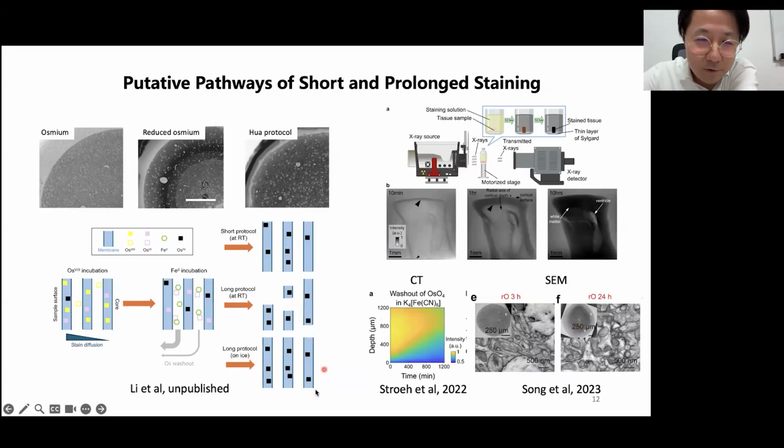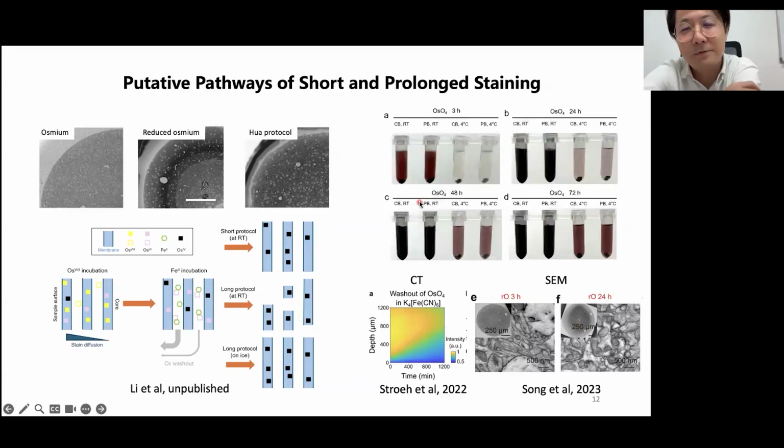And then a simple solution for that is you do everything on ice, or at a lower temperature. Actually, this is what we observed. We simply put a small piece of brain sample in CAC buffer or even in phosphate buffer, at different temperatures, either at 4 degrees or at room temperature. As you can see, after 3 hours, it's more or less okay.